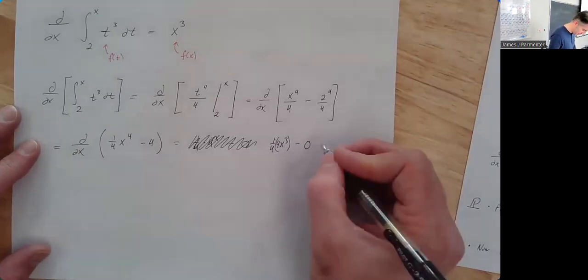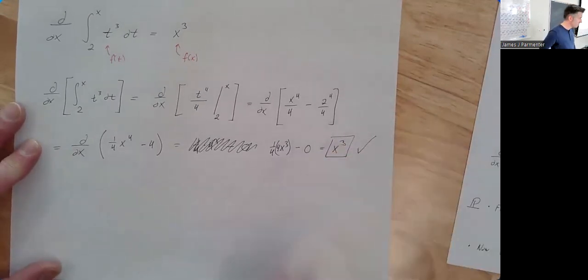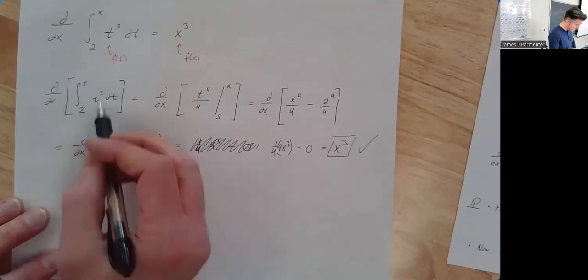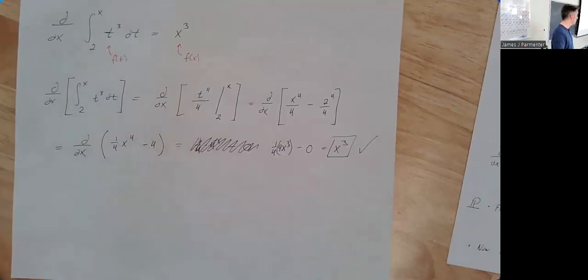1/4 times 4x cubed is x cubed, as expected from the fundamental theorem of calculus part 1. If you look at this integral here, this is a function of x.